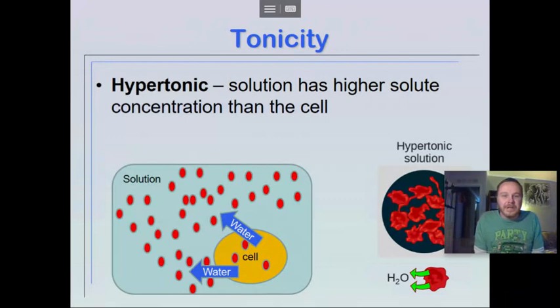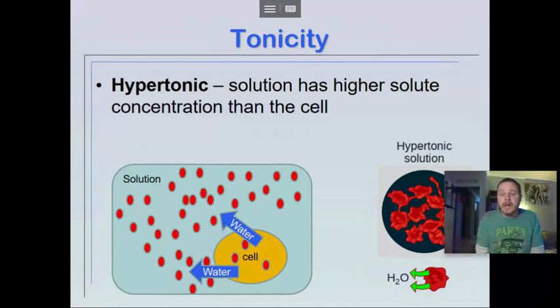So hypertonic, again, that's referring to the solution that you put the cell in. So the extracellular, the space outside the cell, the solution outside the cell. If I take a hypertonic solution, that means that the solution has a higher concentration of the solute than the cell itself.